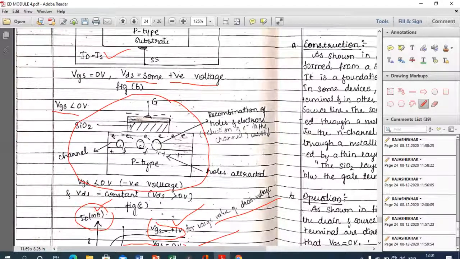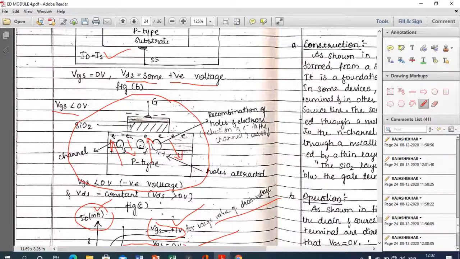Because of this negative potential, the electrons in the channel will repel back towards the p-type substrate, but the holes present in the p-type will move towards the channel. This is what happens when I put a negative potential at the gate terminal.